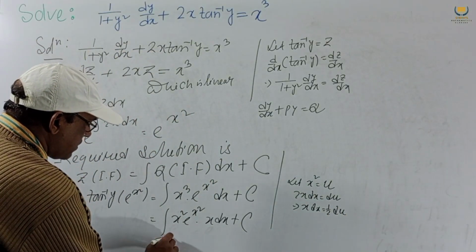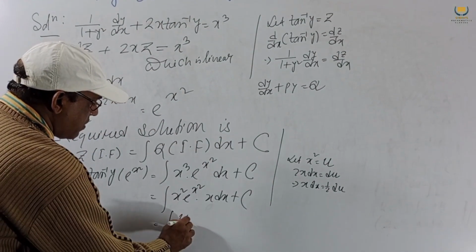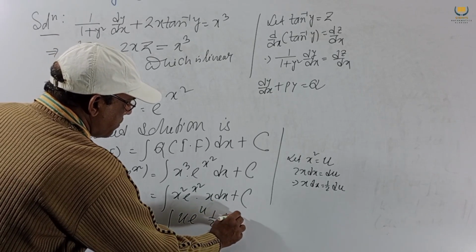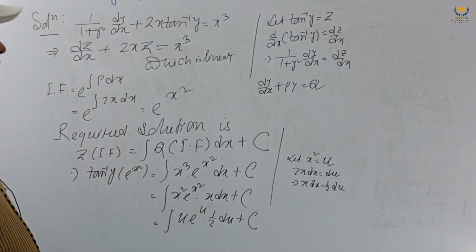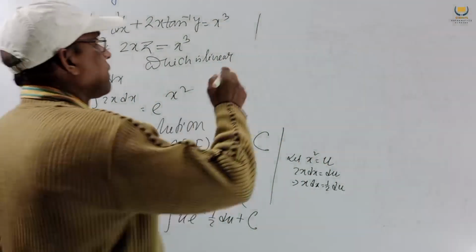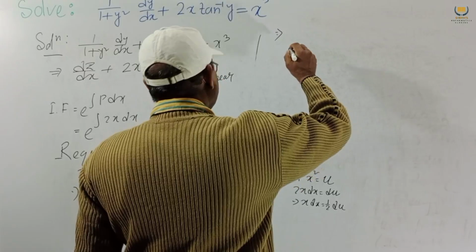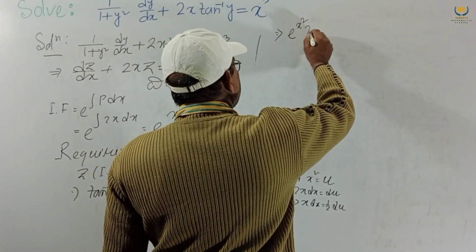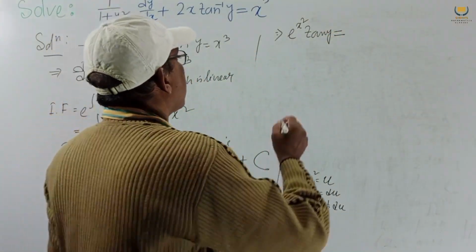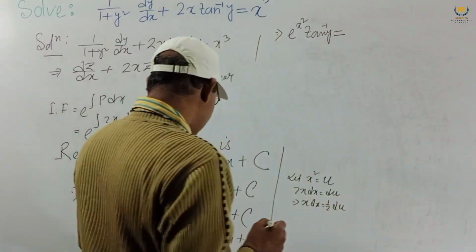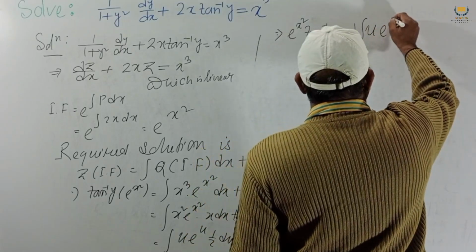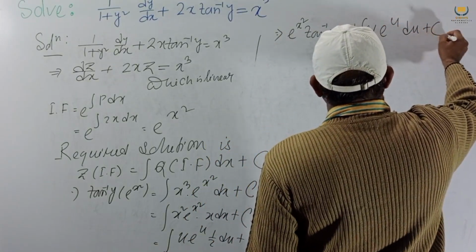Now putting the values, x square means u, this is e to the power u, and this is 1 by 2 du plus c. So this implies e to the power x square tan inverse y equal to 1 by 2 taking outside, u e to the power u du plus c.